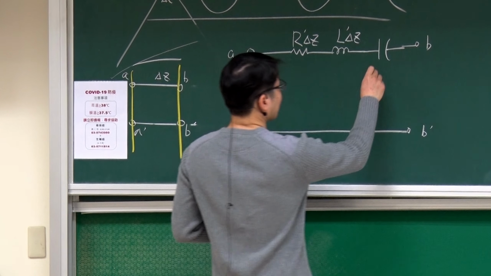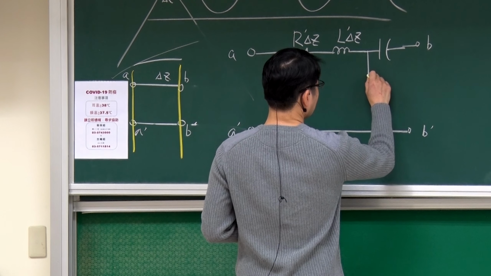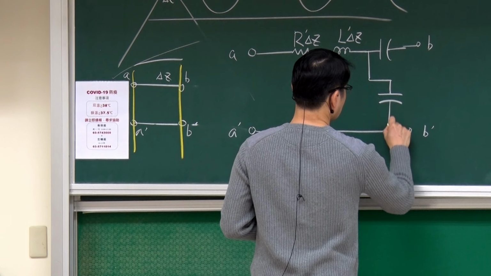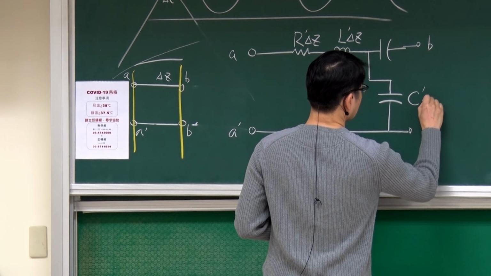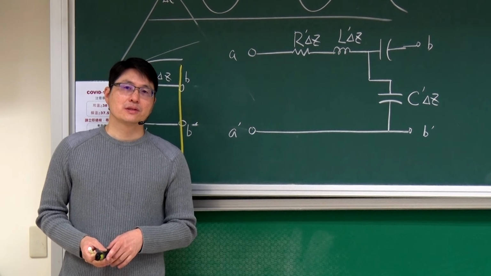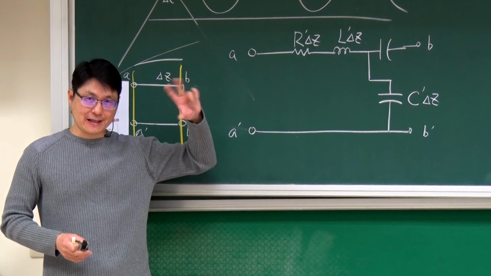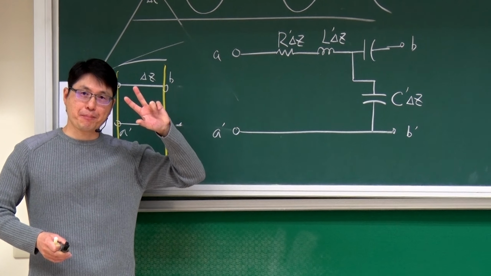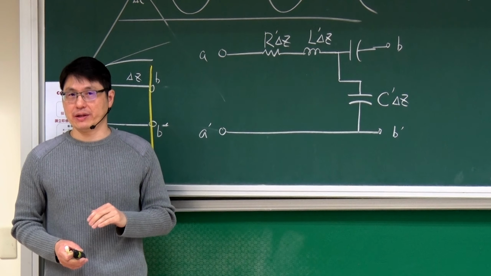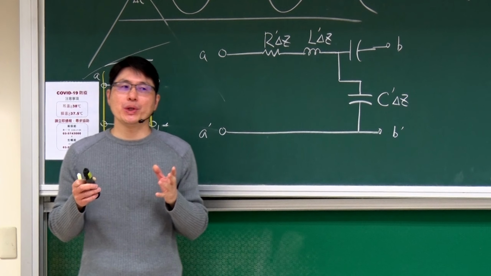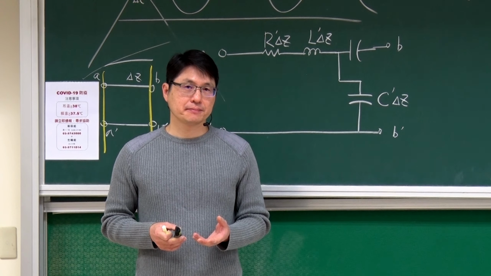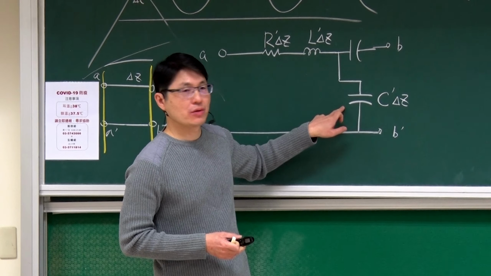Or you have another choice: the second choice is the connection of the capacitor is between the two metallic wires. So which one sounds more physical to you? This choice or this choice?